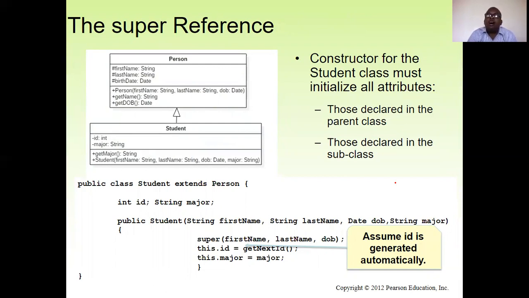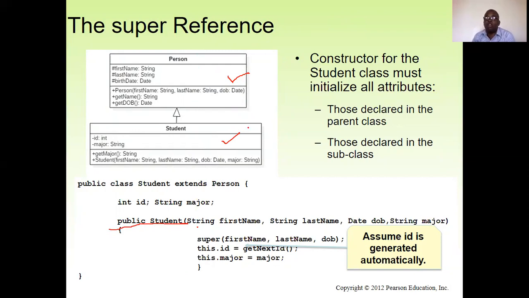Whenever we have a class that extends another class, the constructor of the child class, as we see here, the constructor of student, takes in all of the variables required for the constructor of the parent class and all the variables required for the constructor of the child class. Everybody see that?